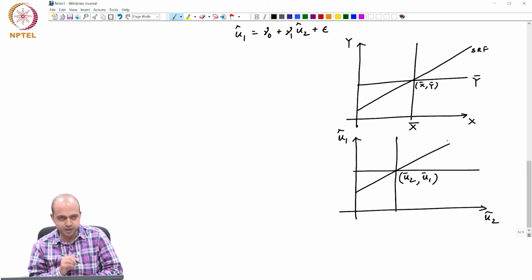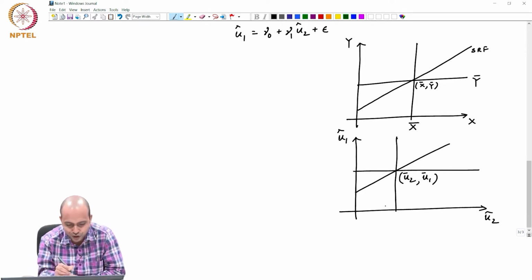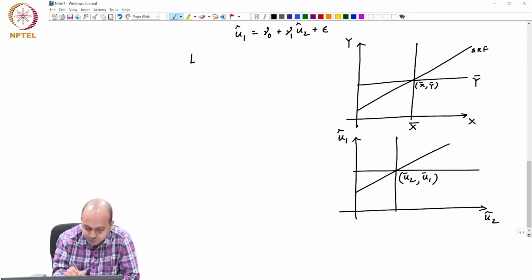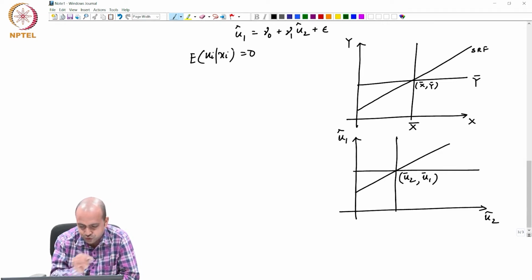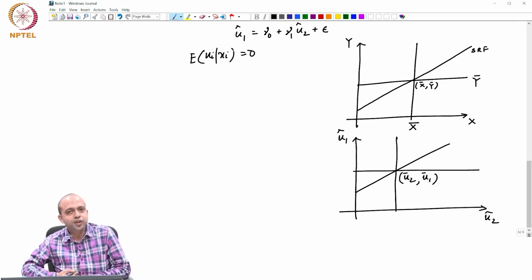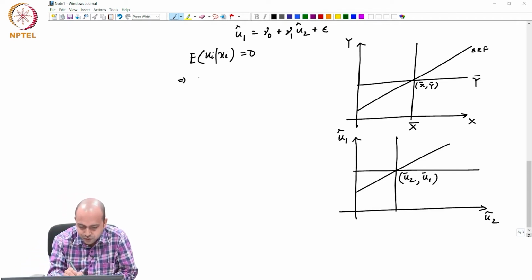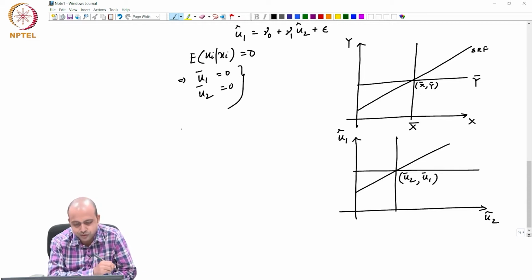Now, my question is, what is the value of u2 bar and u1 bar? If you recall, one of our assumptions was that the expectation of ui given xi equals 0. Following this assumption, we can say that u1 bar equals 0 and u2 bar is also equal to 0.